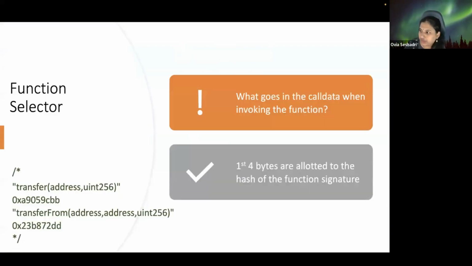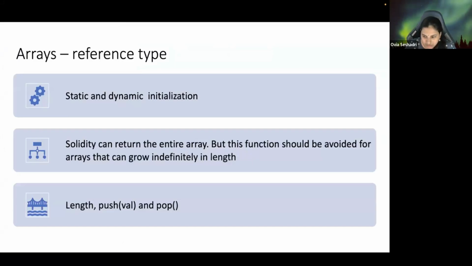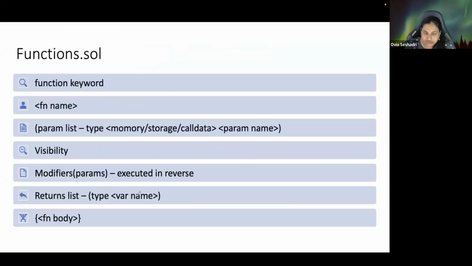Right. So now I want to go into, we saw that the function has different properties. Let me just go back to where we define functions. Yeah. So we saw that functions have the function keyword followed by the function name, followed by a parameter list with the data type.